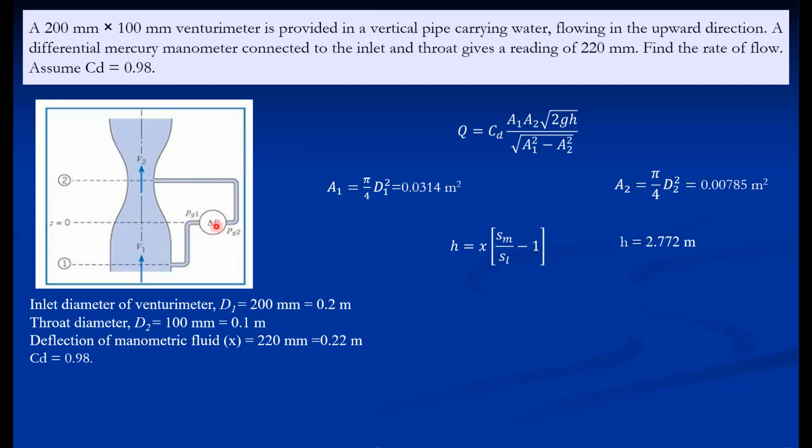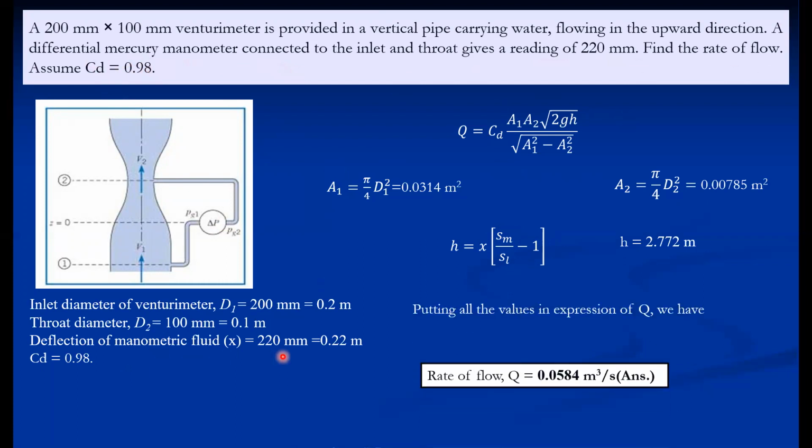Here mercury is used as the manometric fluid, which we can easily recognize from the description, because a differential mercury manometer is given, meaning the manometric fluid is mercury. So that is 13.6, minus 1, times X, which is 0.22. We get the value of H. Then putting all the values in the above expression, we calculate Q.